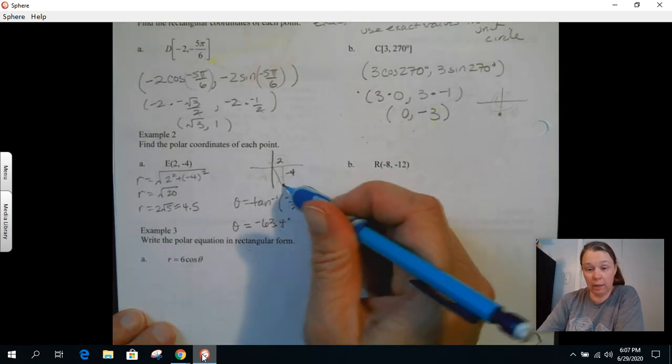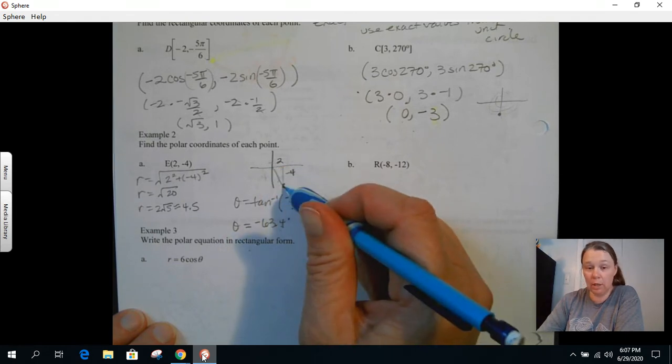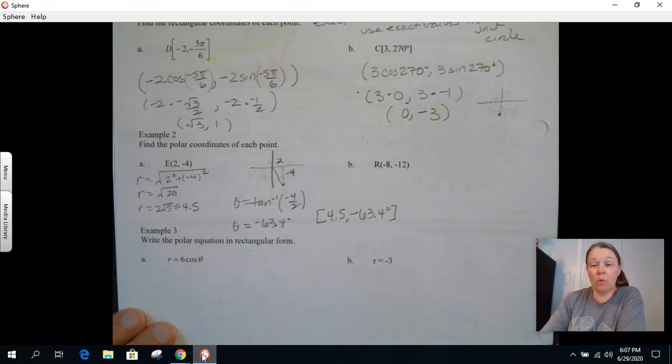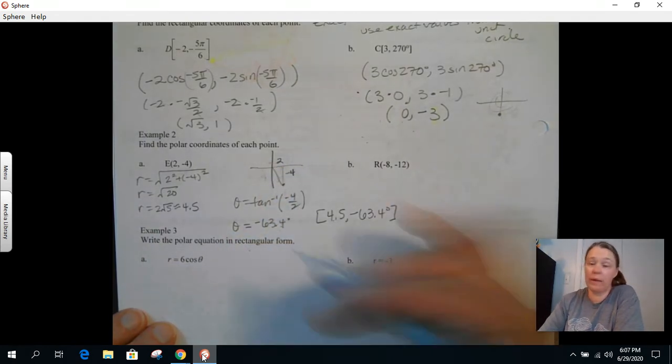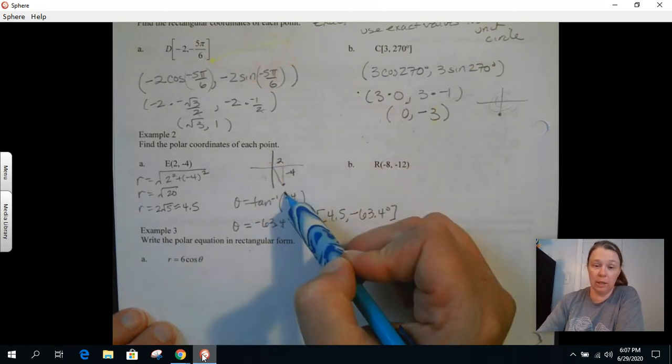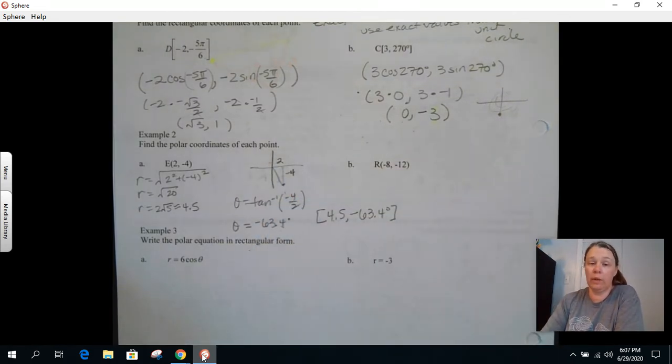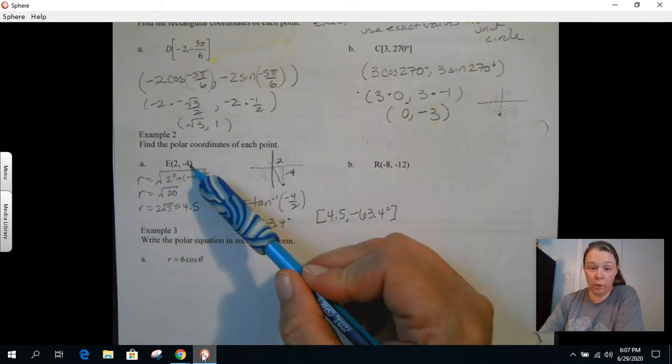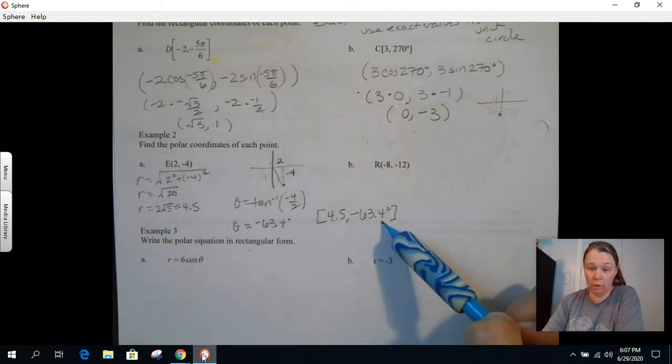Sure, I could go back to -63.4 and then a radius here. Now, could you follow the same rules as you did with vectors where, if it's in the 4th quadrant, add 360? Absolutely, it would be equivalent. Okay, so there's more than one way to name all of these points, but you do need to double check that the quadrant of your original point and the quadrant of your converted point are in the same quadrant.